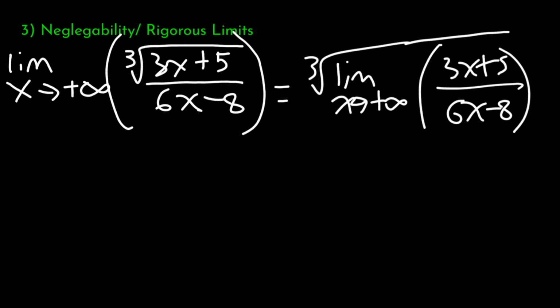And now instead of dividing by the highest power on the bottom, here instead of dividing by x like we did before, what we're going to do is this, negligibility. This is more of a construct in your mind. So you have to think, if we're going to plug in positive infinity for x, this 3x, like I said before, is going to go to positive infinity. This 6x is going to go to positive infinity.